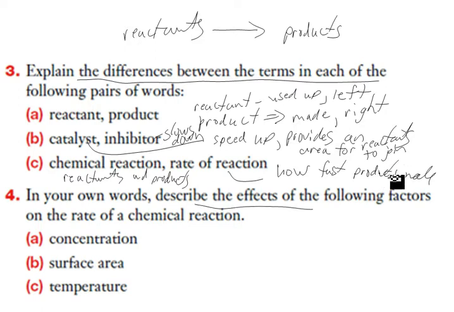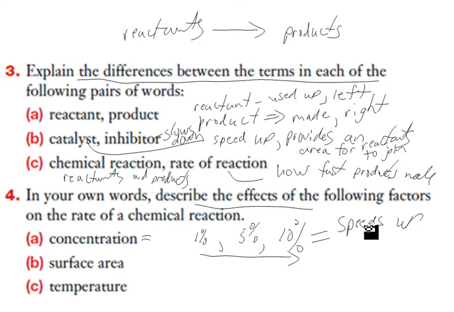What effect do the following factors have on the rate of chemical reaction? Concentration. As you increase the concentration of the reactants, that speeds up the reaction until, of course, you run out of one of the reactants.